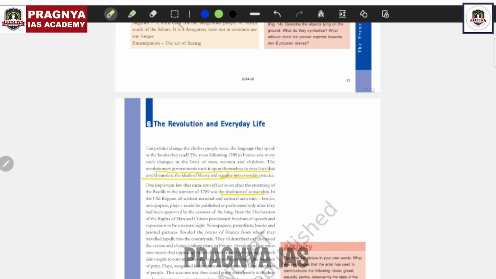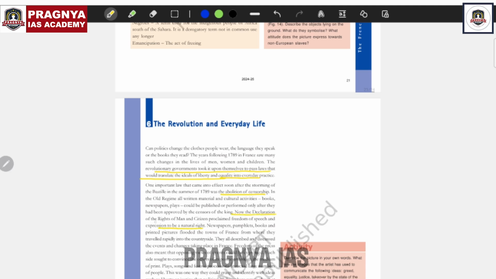In the old regime, all written material and cultural activities could be published only after they had been approved by the king. Now, the Declaration of the Rights of Man and Citizen proclaimed freedom of speech and expression to be a natural right.